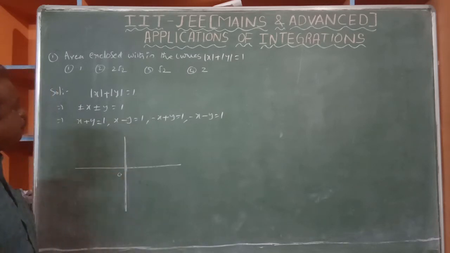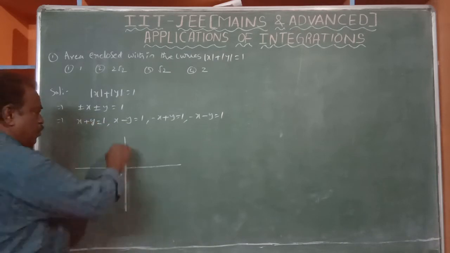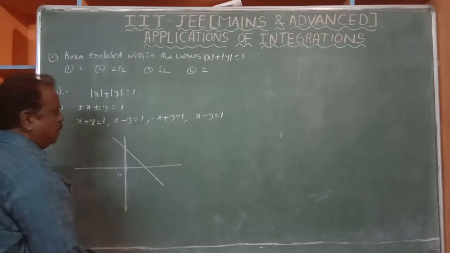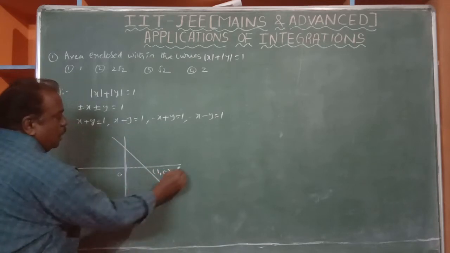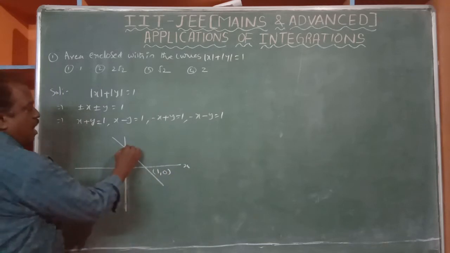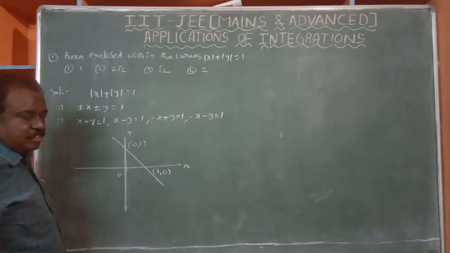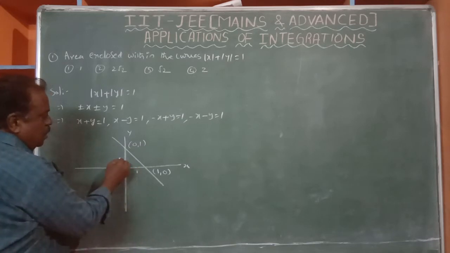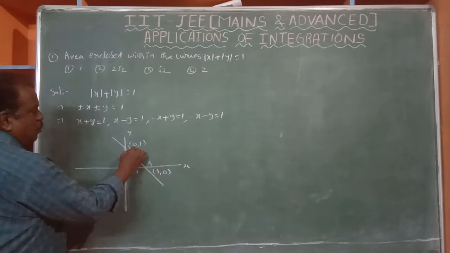You see, x plus y is equal to 1 means it's a line which cuts at 1 comma 0 on the x-axis and it cuts at 0 comma 1 on the y-axis. Assume it is OA and OB.